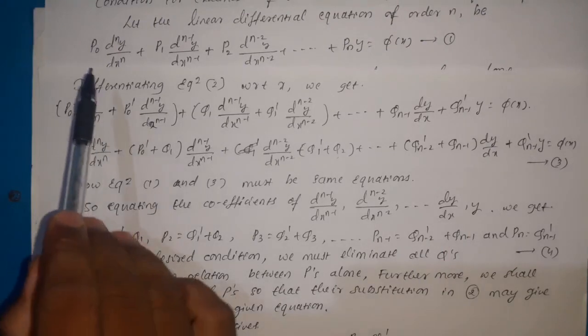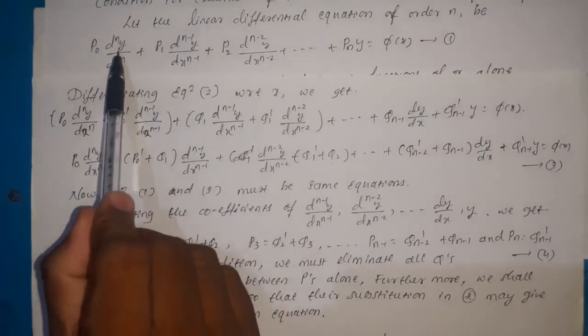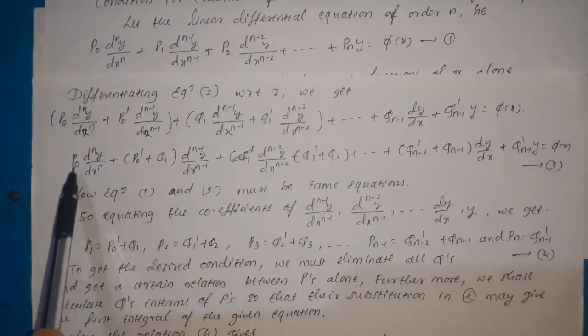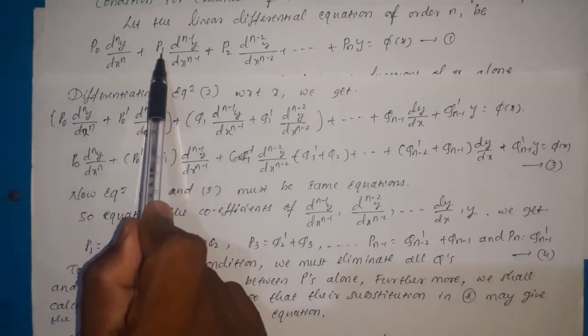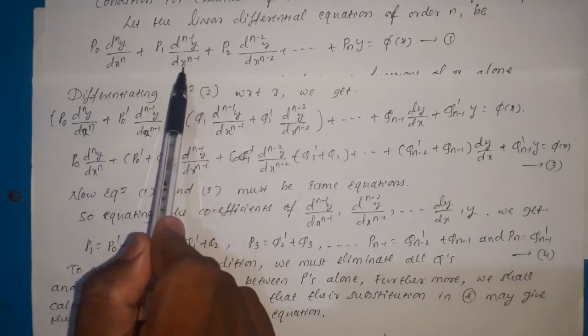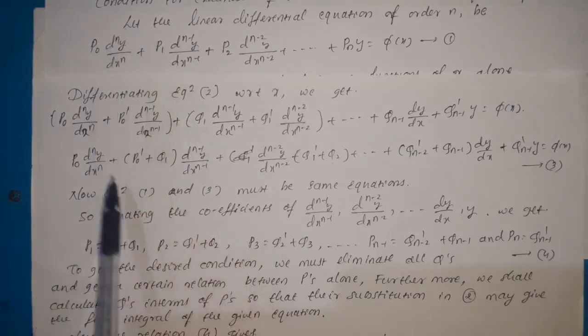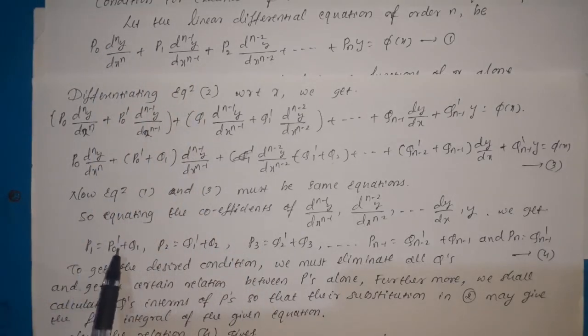In the first equation, the coefficient of d^n y/dx^n is p0. Here also it is p0, no problem. And second, here we have p1, that is the coefficient of d^(n-1)y/dx^(n-1), but here it is p0' plus q1. So therefore p1 equals p0' plus q1.